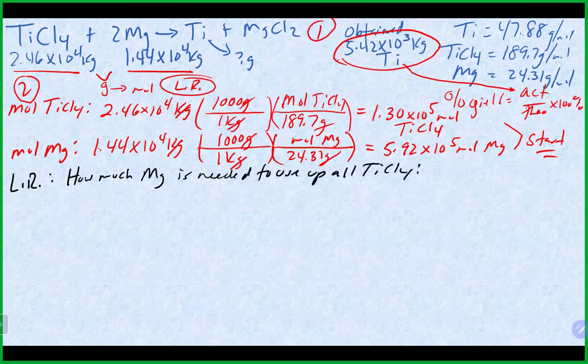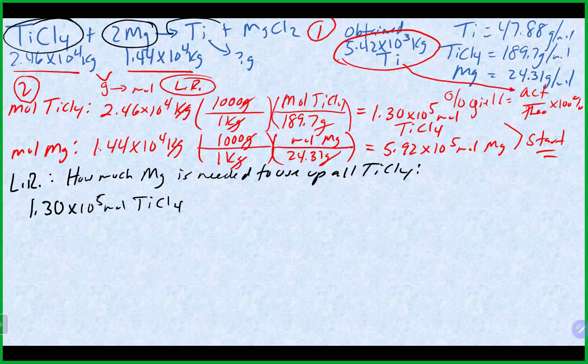So that again is the calculation. We'll take our starting amount of our TiCl4. We'll go to the equation and find the relationship between those two. I'll circle the right ones there.